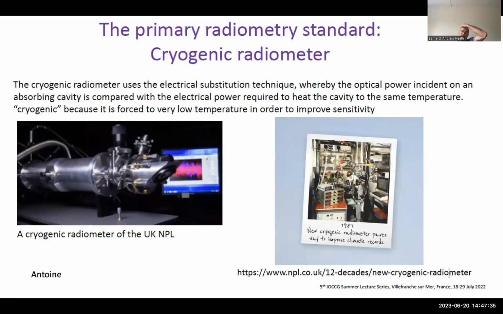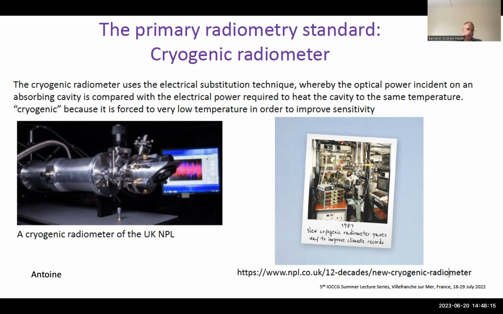So the starting point for radiometric calibrations, the primary standard, is what's called the cryogenic radiometer. This is really only done at many of the world-class metrology institutes such as NIST and the National Physical Laboratory in England. Basically, why do we use a cryogenic radiometer? It uses an electrical substitution technique, where the optical power incident on an absorbing cavity is compared to the electrical power required to heat that cavity to the same temperature.